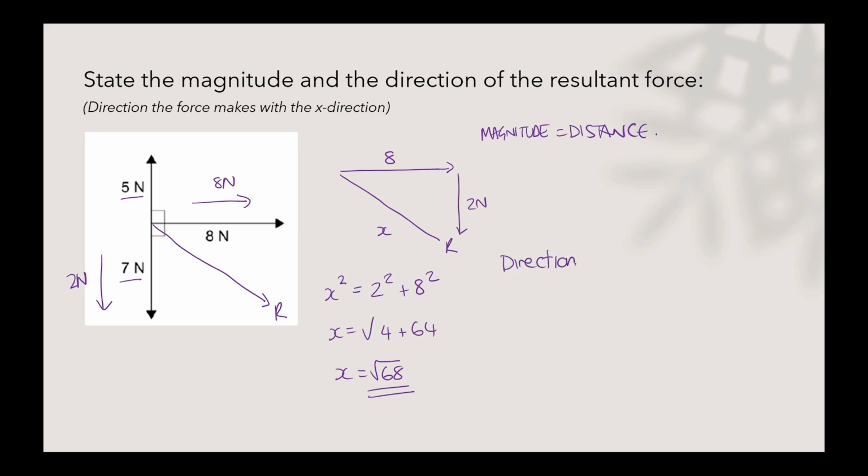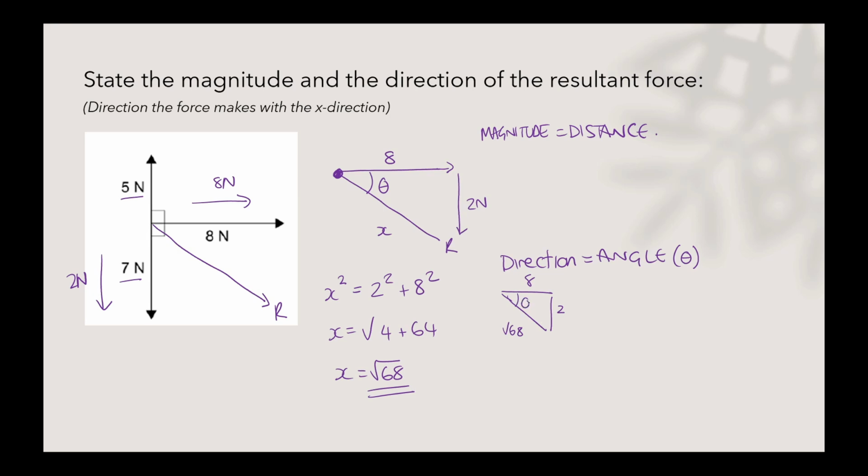Now the next thing for me to do is to find the direction. For this, we need to find out the angle theta. So what I need to do is work out what this angle here is, as this point here is our equilibrium point. So the direction then is, if I take this triangle out again, I've got 8, I've got 2, and this is root 68.